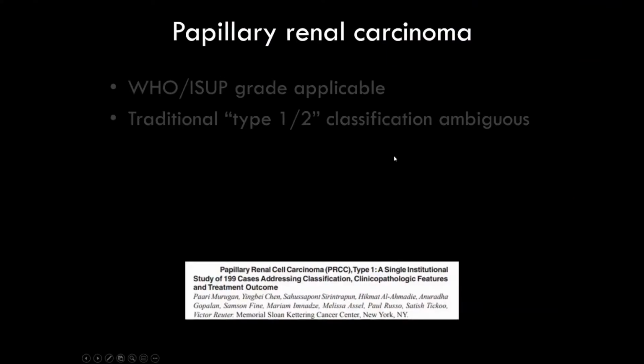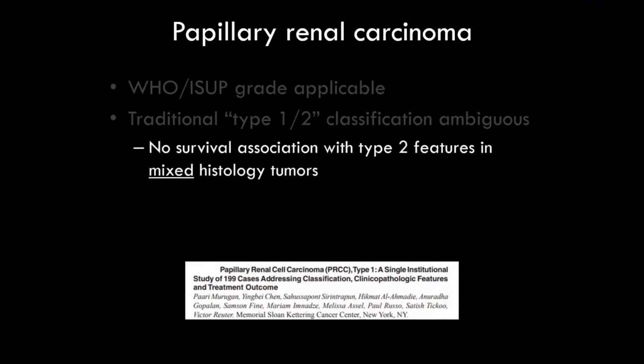So basically, to solve this problem and make it much simpler, we did this study at the Memorial Sloan Kettering Cancer Center. We took a huge number of papillary renal carcinomas that had clear-cut type 1 features, but had type 2 features along with it.